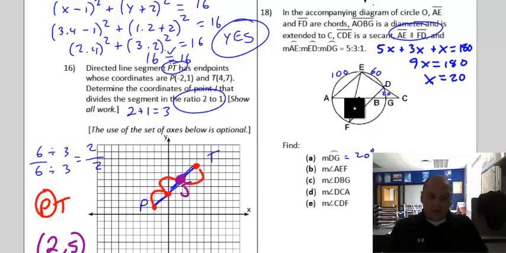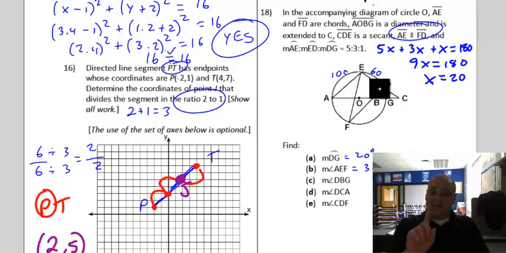Because I know this is 30. This is 30 right here because it's half of the 60. So this must be 30. This angle here is also 30. AEF is 30. Now, DBG. Now, DBG is this angle here. That's inside the circle.